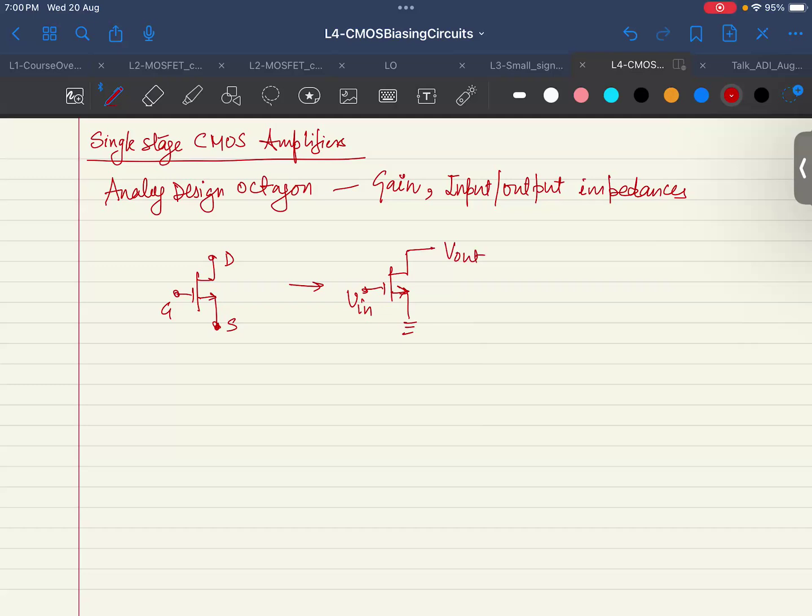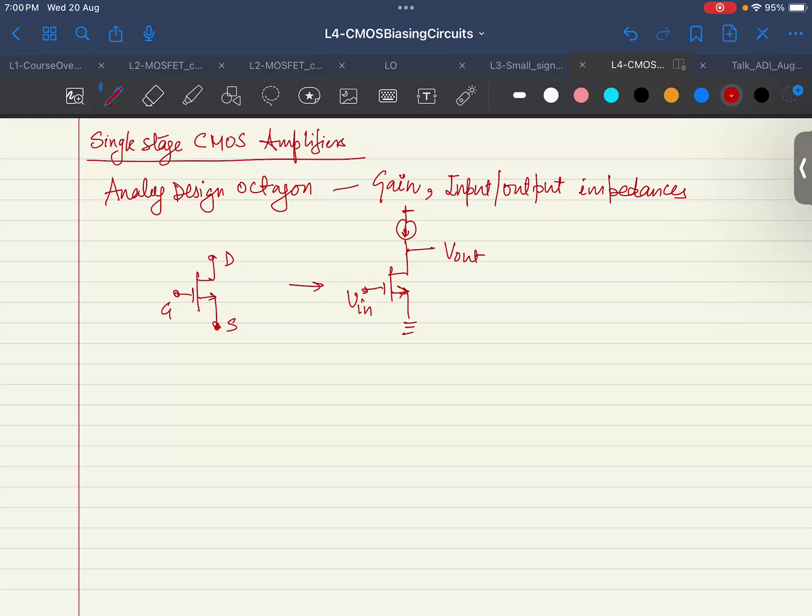We have also talked about different kinds of loads, starting with the ideal current source load, then the active load, and even the CMOS inverter push-pull kind of configurations.